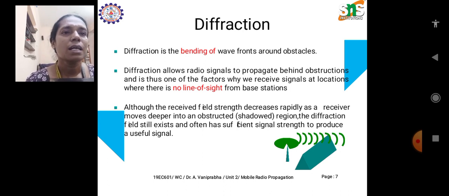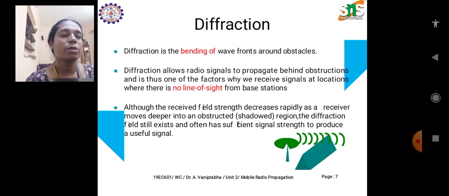Next topic is diffraction. And diffraction is nothing but the bending of wavefronts around obstacles. Reflection happens whenever the medium it hits is a smooth or reflective surface. Similarly, diffraction occurs when the waves hit sharp edges or obstacles.